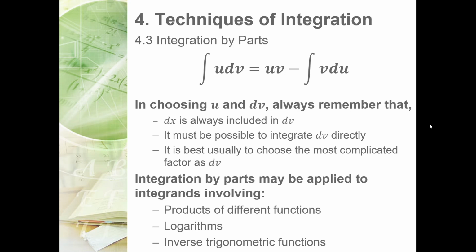So if you try to determine the process for your product rule, coming from your derivatives, uv. The derivative for this one is u dv plus v du.